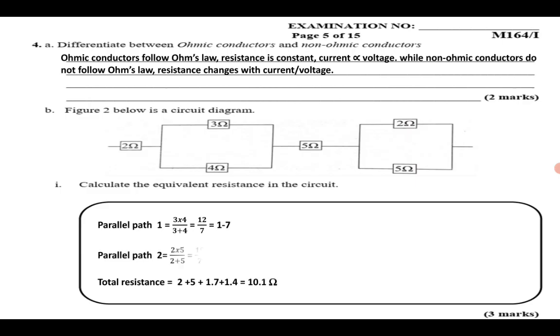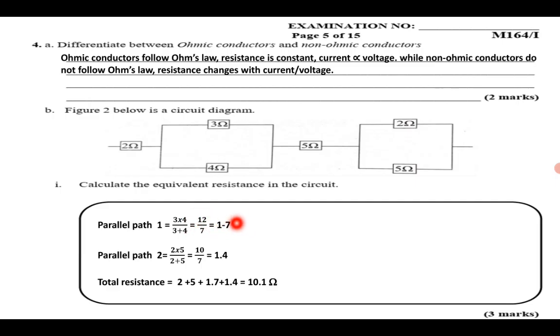So let's call this parallel circuit 1. When you have 2 resistors that are in parallel arrangement, their combined resistance is simply found by multiplying the 2 and dividing by their sum. We call that product over sum. So you take 3 times 4, which is 12, and take 3 plus 4, which is 7. Then 12 divided by 7 is 1.7.